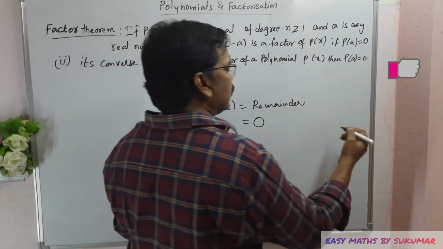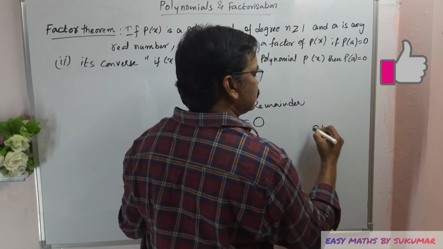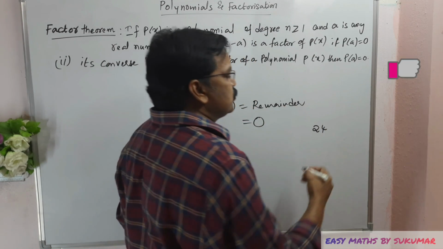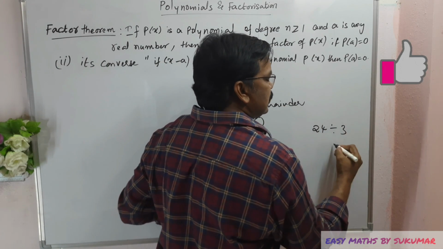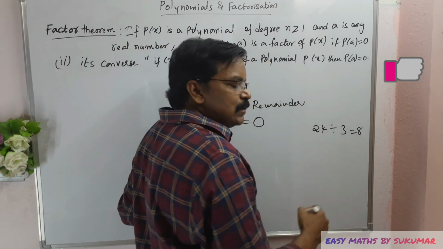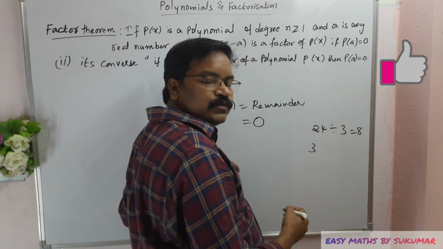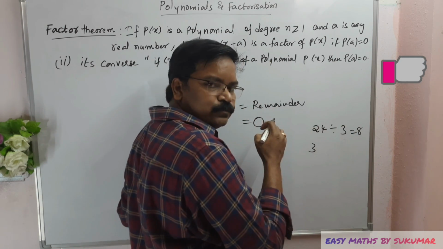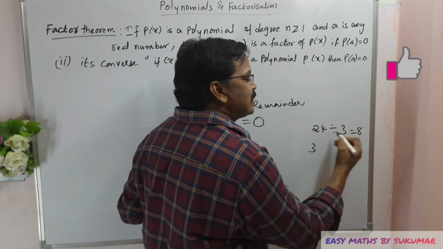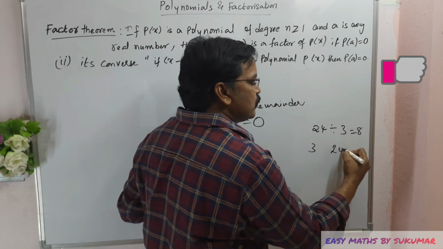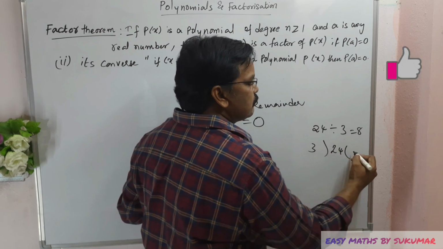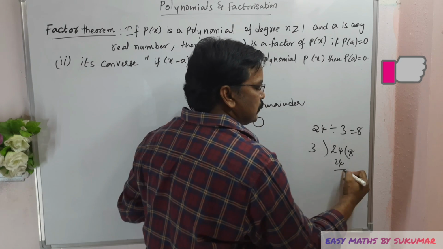See, in our daily calculations, 24 divided by 3 is equal to 8. That means this 3 is a factor of 24. Why? This 24 is exactly divisible by 3. How many times? 3 times.